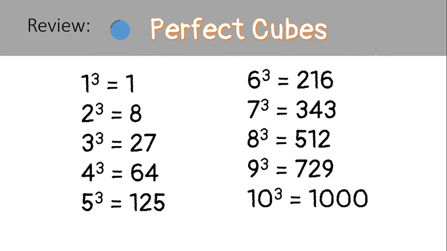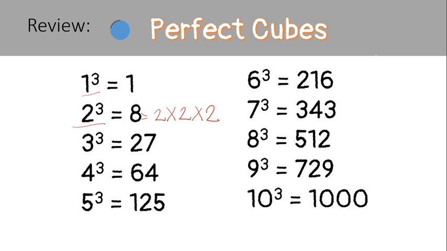So here are the different perfect cubes. When we say perfect cubes, this is the answer when you multiply one number by itself 3 times. So for example, we have here 1 cube. This means 1 times 1 times 1 is equal to 1. Another example is 2 cube, which means 2 times 2 times 2 is equal to 8.